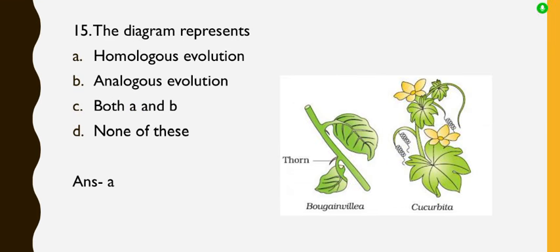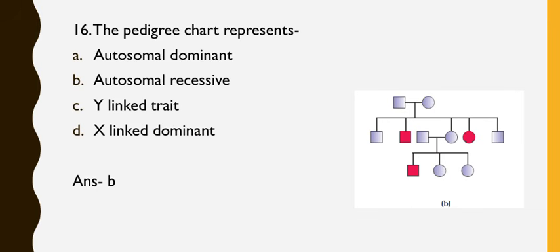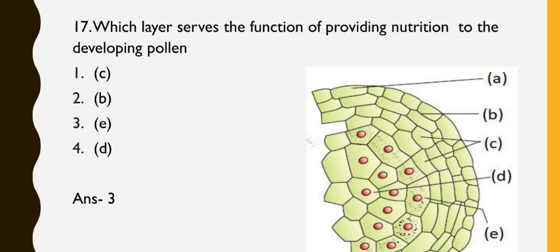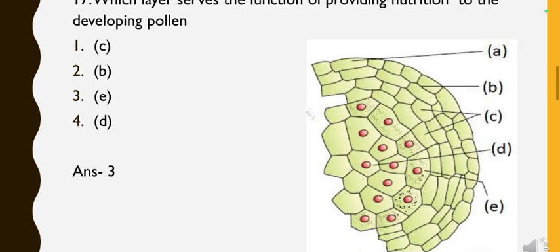The diagram represents Bougainvillea and Cucurbita. Both are homologous organs, homologous evolution. The given pedigree chart represents autosomal recessive. Which layer serves the function of providing nutrition to the developing pollen? It is tapetum, option 3, labeled E.